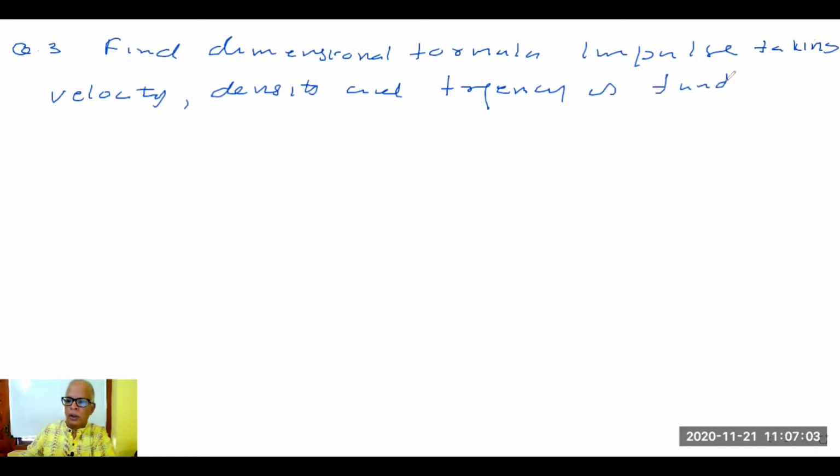You must be knowing what impulse is. You can try this problem, very similar to the previous one. The answer is rho V raised to 4, nu raised to minus 3.